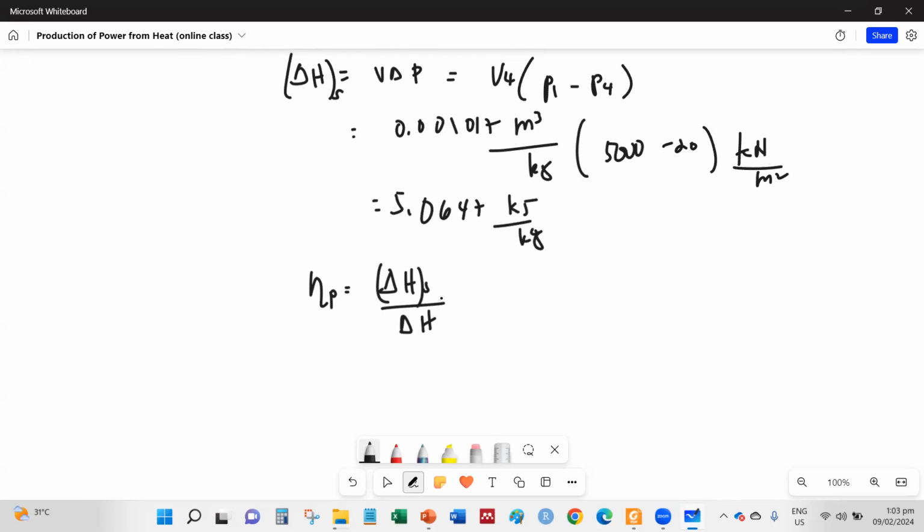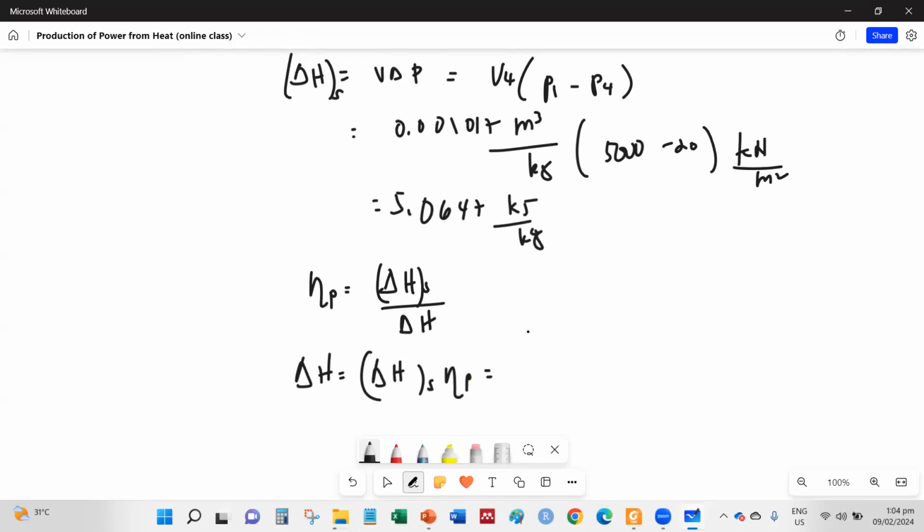So what we want is delta H equals delta H isentropic times the efficiency of the pump, and just plug in everything. Delta H is... I did not calculate it.